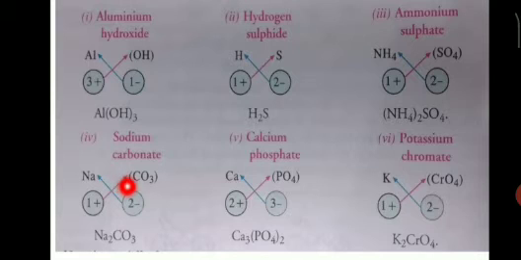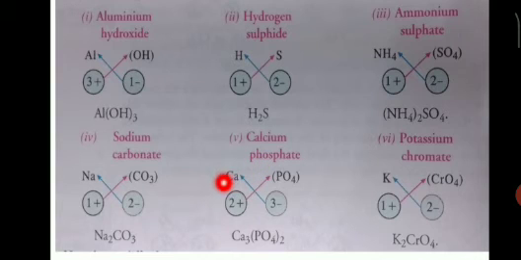Carbonate 2 minus, carbonate CO3. So you have to learn by heart all these polyatomic and monoatomic, diatomic and triatomic ions. Sodium 1, carbonate 2. So Na2CO3, with 1. Since it is 1, we are not putting the bracket. So that's why its formula is Na2CO3.